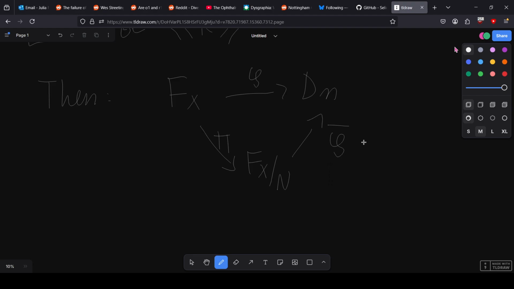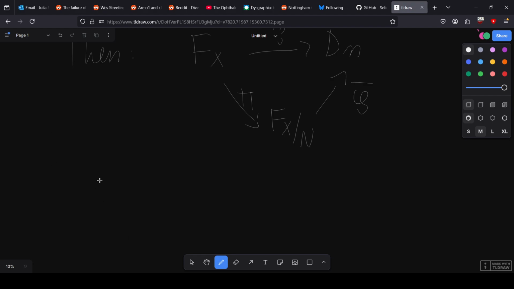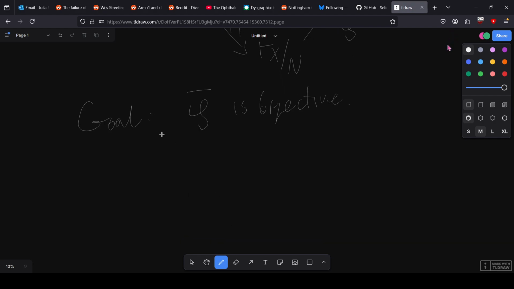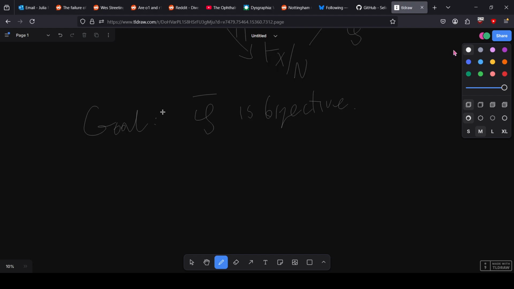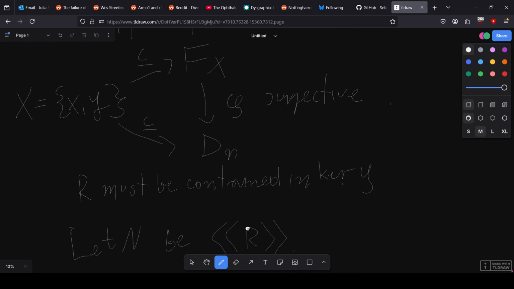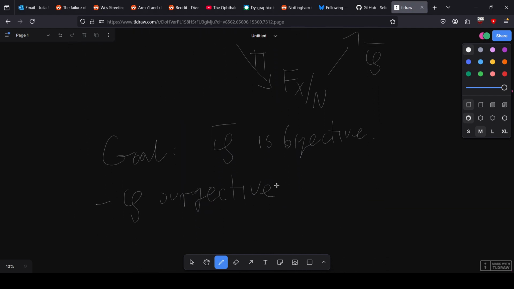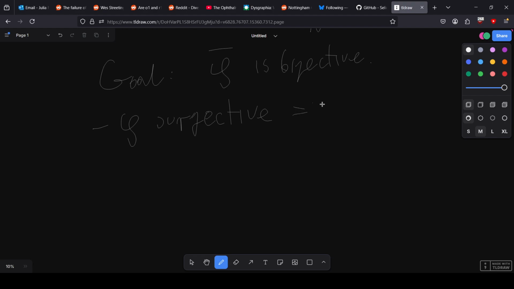So now the goal is that we need to prove that phi bar is bijective. So, notice that phi by itself is surjective, as X being the set {x, y} generates Dn. But that implies that phi bar also must be surjective.